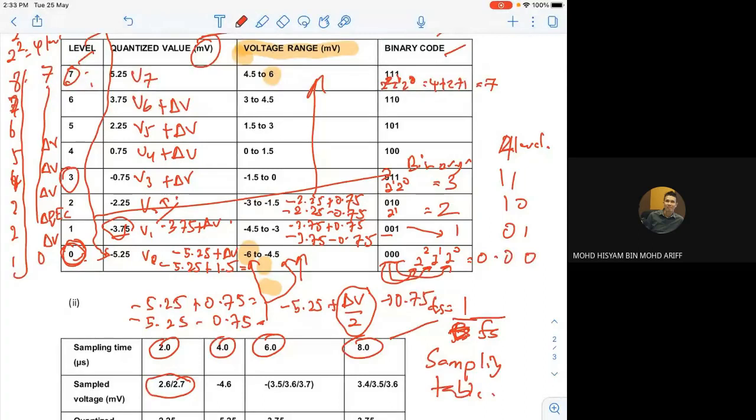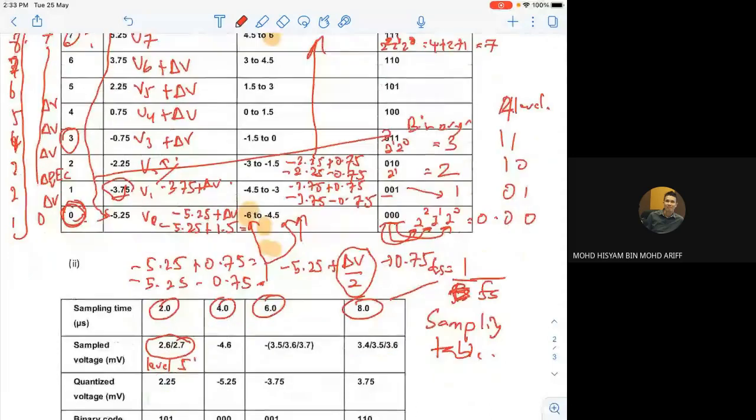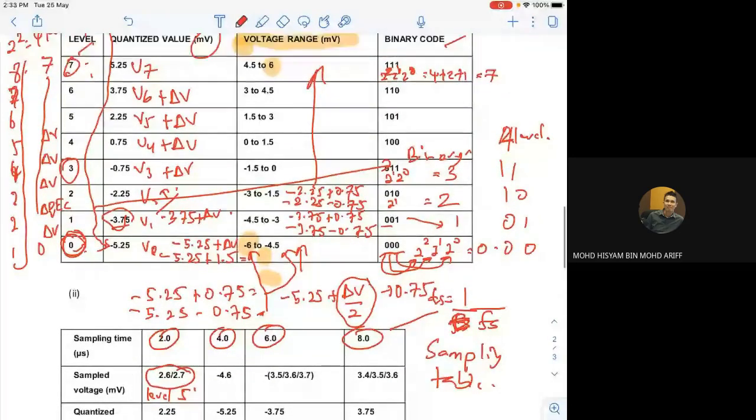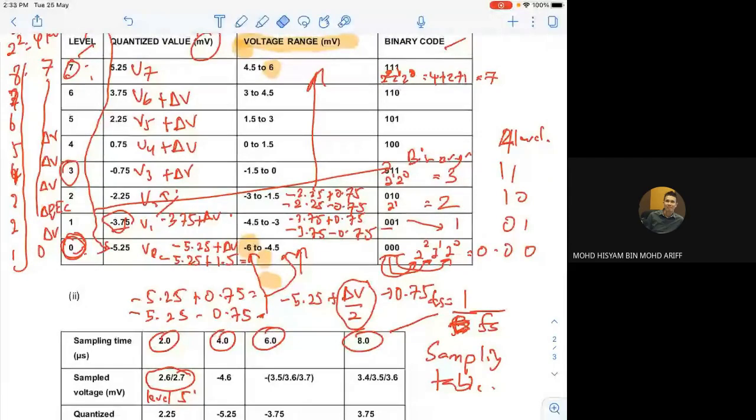Is it level 5? Level 5. So you know this is at level 5. You take the quantized voltage at level 5, which is 2.25. You put 2.25 here.